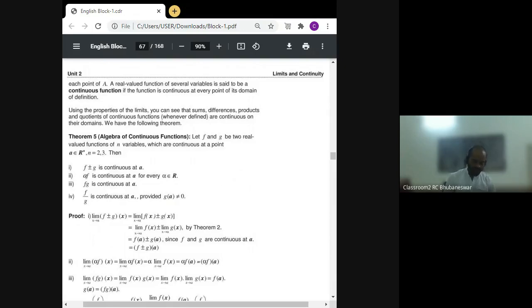That means how we can calculate the repeated limit of a function, and that is given on page number 70. So let us move to page number 70. I am covering the important and basic features of this particular block 1, containing exactly 3 units: unit 1, 2 and 3.